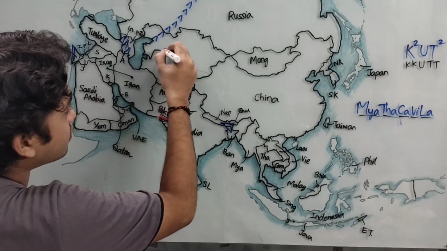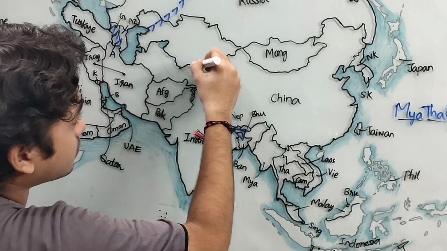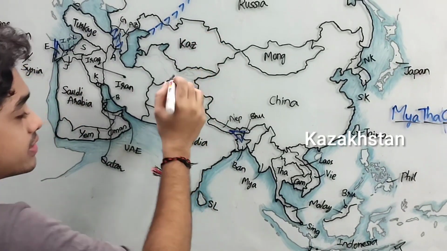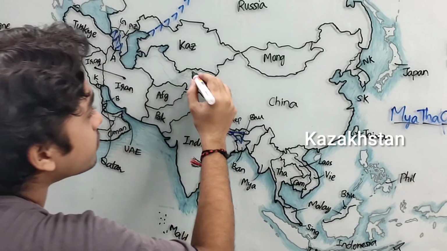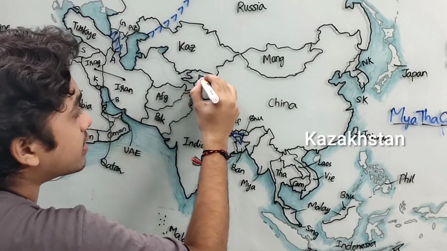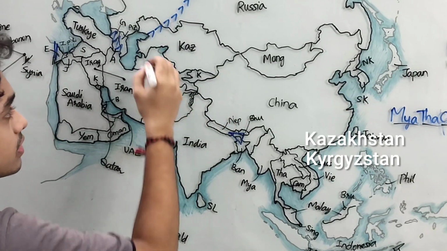First we have this, Kazakhstan, the largest in Central Asia. This is Kyrgyzstan, 2 K's.